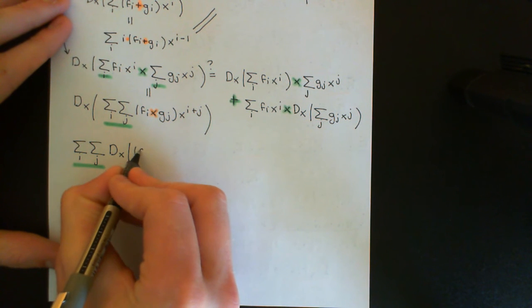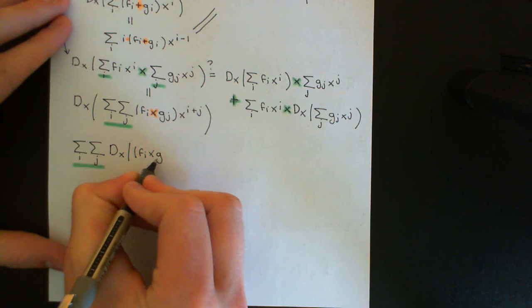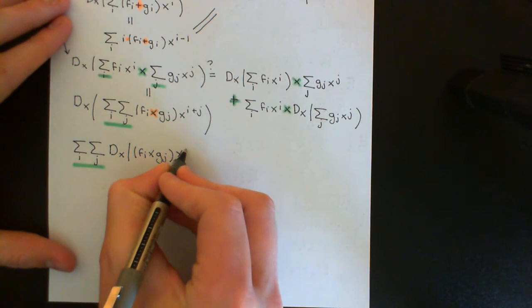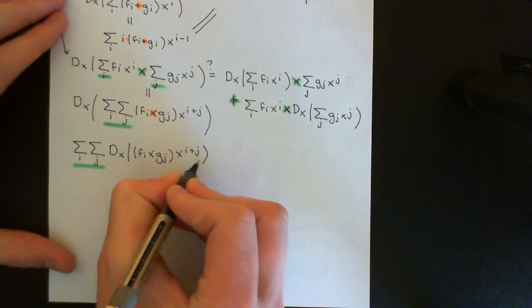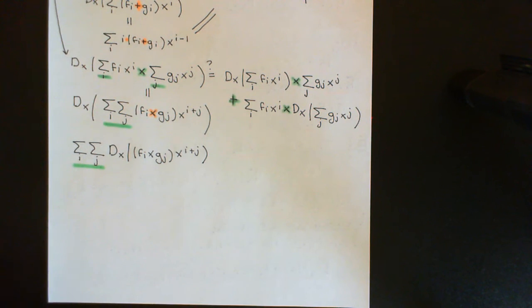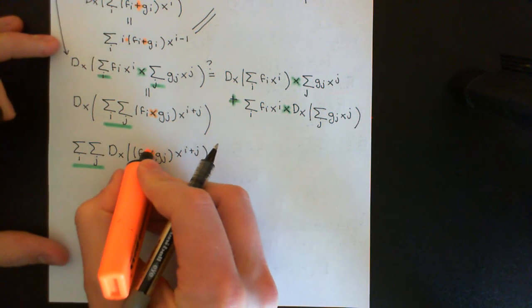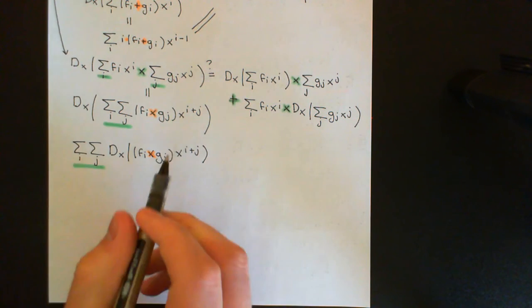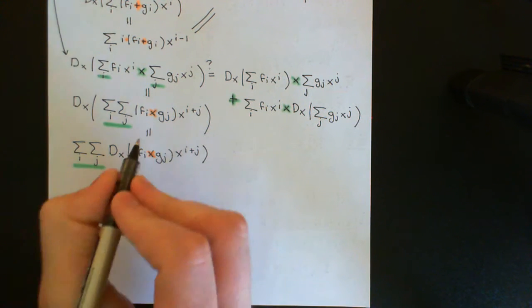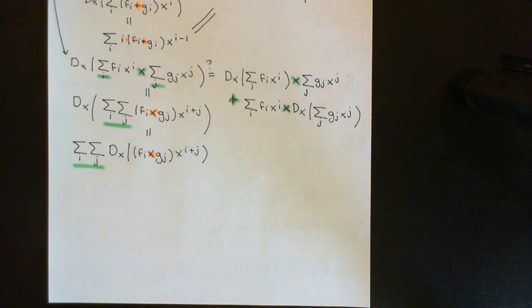So we're going to differentiate these monomials, f_i times g_j, x to the i plus j. All of these are little polynomials in their own right, basically. So of course we know exactly how to differentiate a monomial in this way. You multiply by the old power and lower the power by 1.